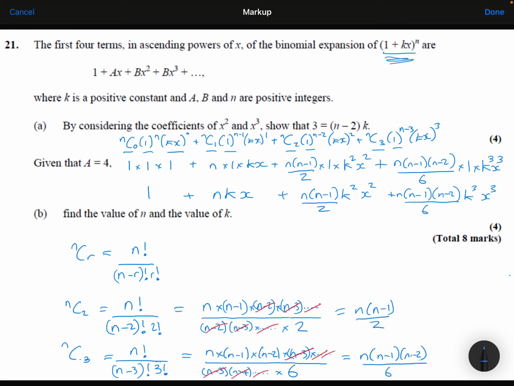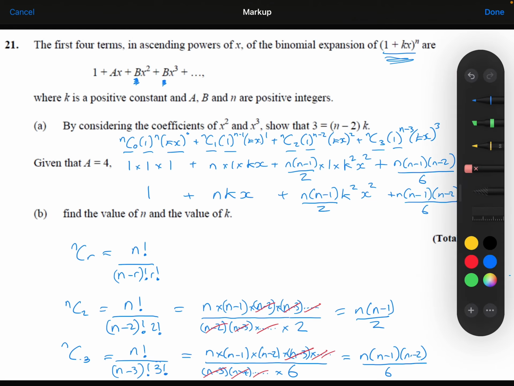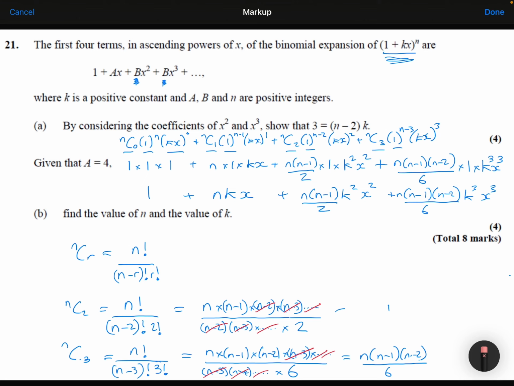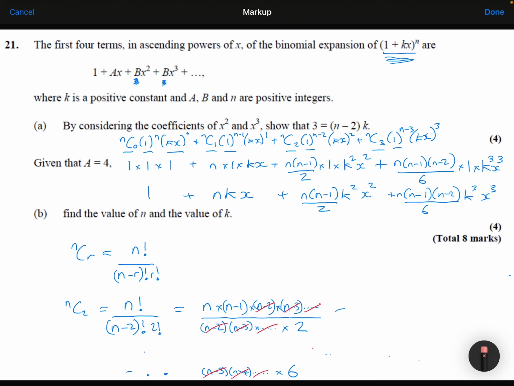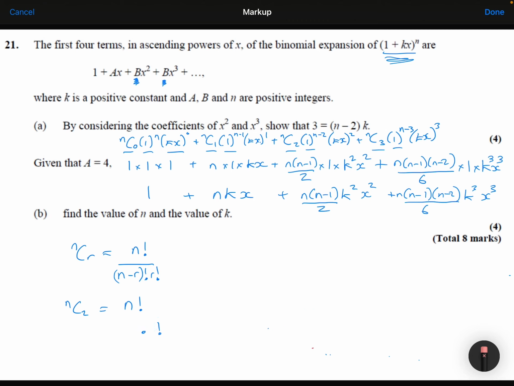Now, notice that the coefficient of x² is b, and the coefficient of x³ is b. So that's saying that the coefficients of x² and x³ should be the same. So let's make those equal to one another.